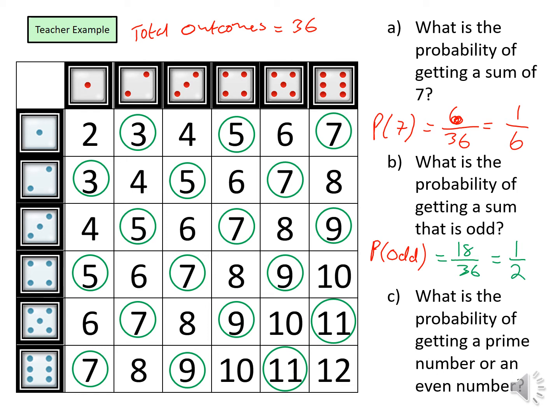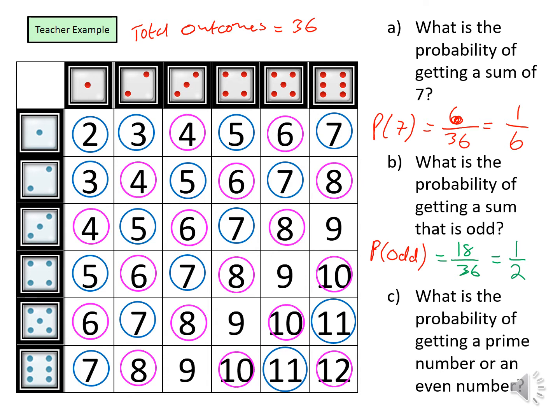Yep. And finally, what is the probability of getting a prime or an even number? So if you have a look here, and we write down, let's go with blue, probability of prime or even equals, and if we count up how many we have there, we have 32. 32 out of 36.